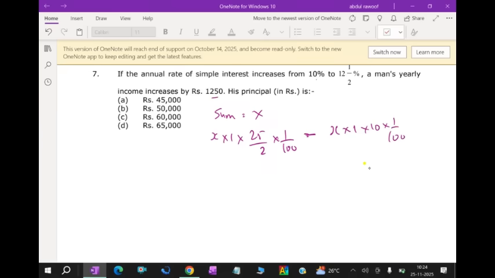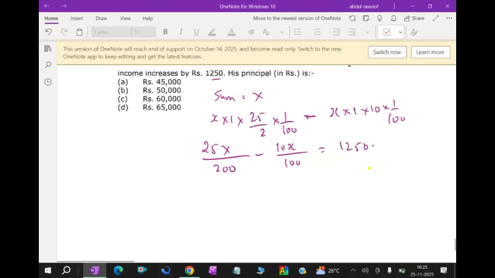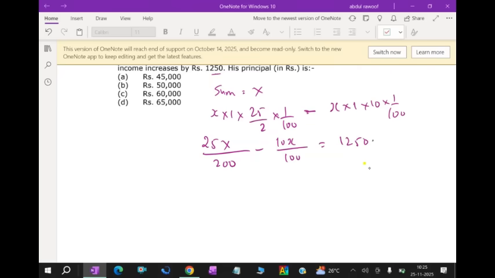So we have 25x by 200 minus 10x by 100 equal to the difference amount, 1250. 200 is the LCM, so 25x minus 2 into 10 is 20x, equal to 1250.